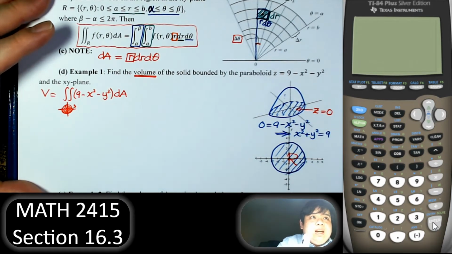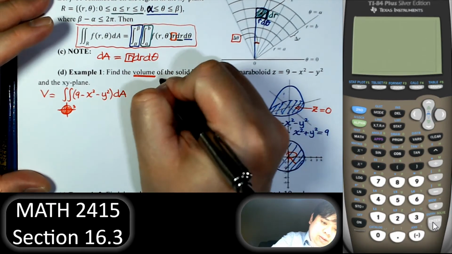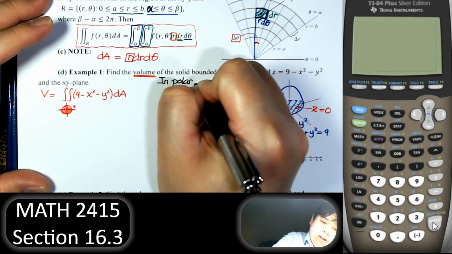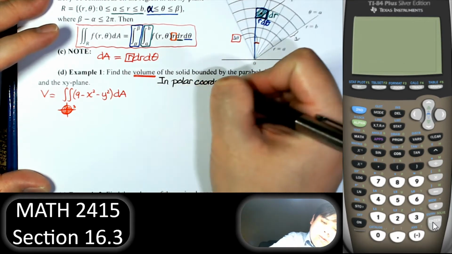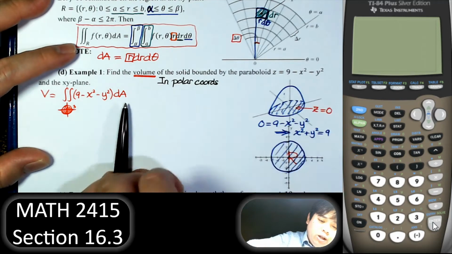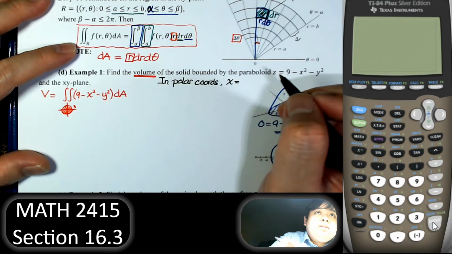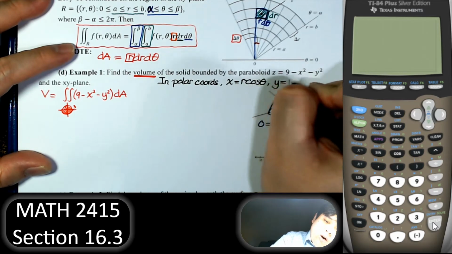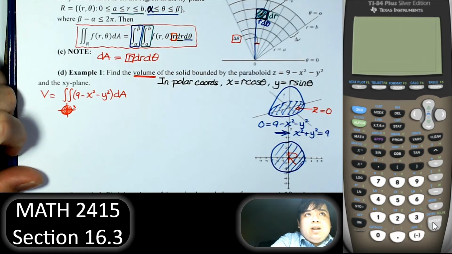Now if we switch this into polar, what do we have? In polar coordinates, x equals r cosine theta, and y equals r sine theta. We're going to use that certainly.